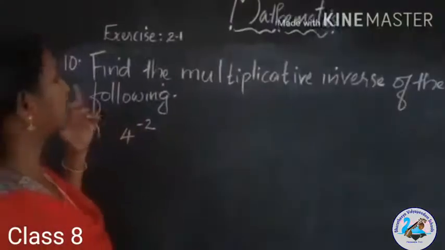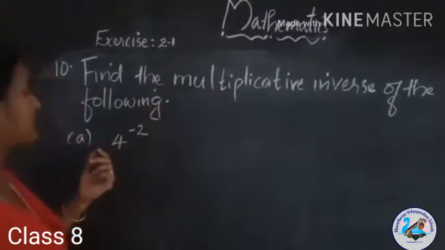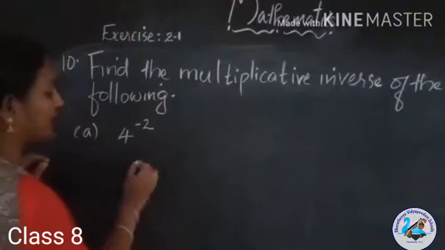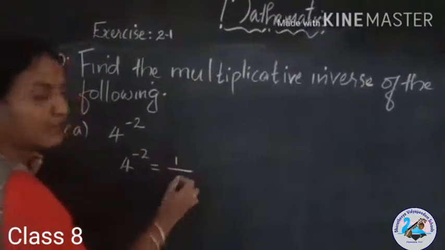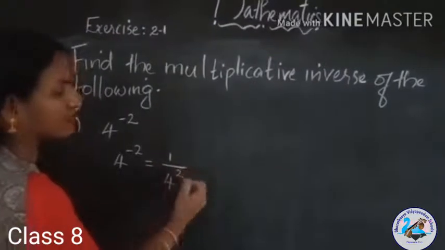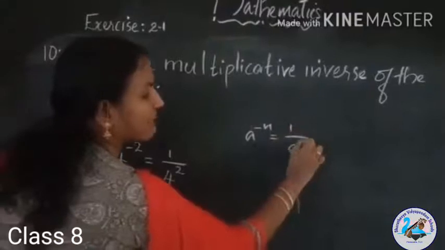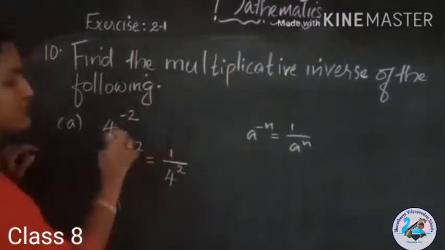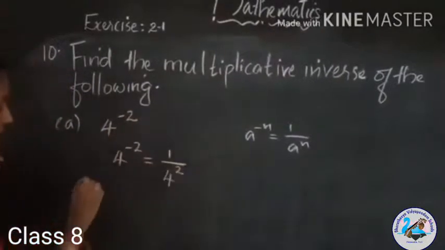Next question, question number 10. Find the multiplicative inverse of the following. First one, 4 raised to minus 2. It can be written as 1 by 4 square. Why? Because a raised to minus n can be written as 1 by a power n. We have to find the multiplicative inverse of 1 by 4 square.